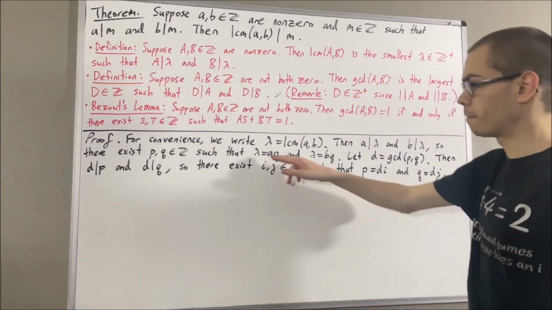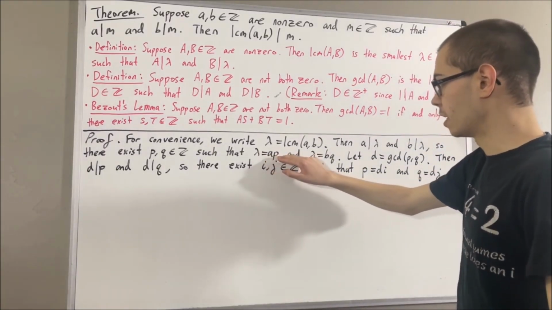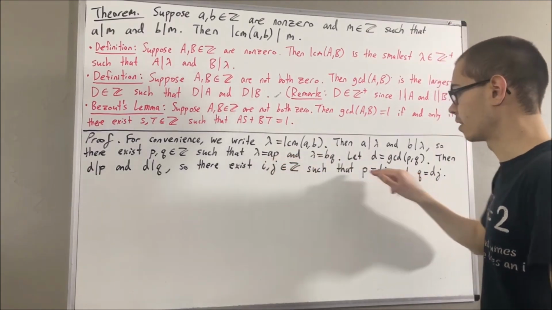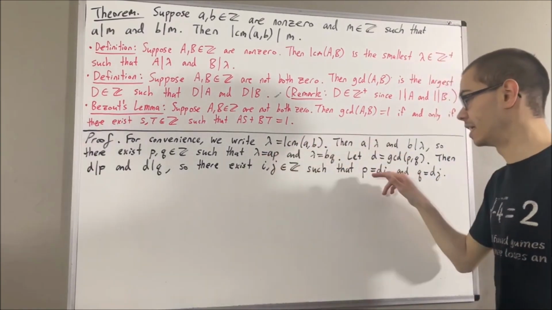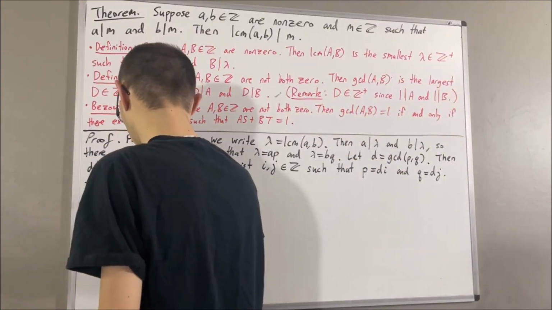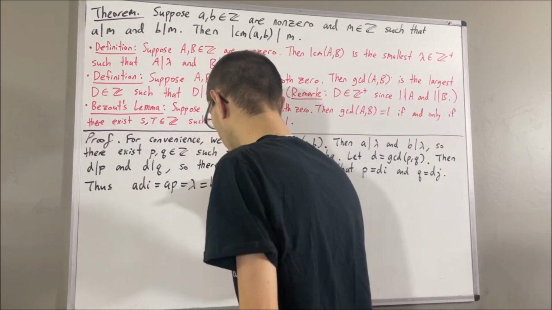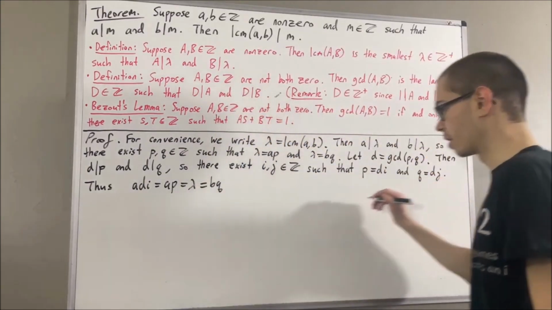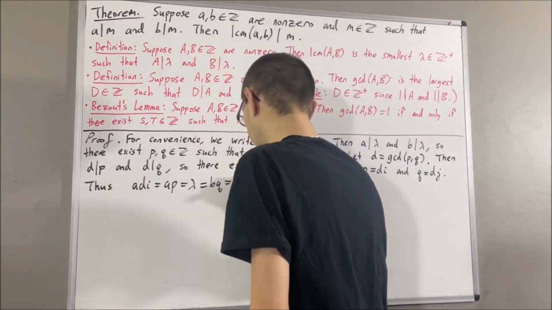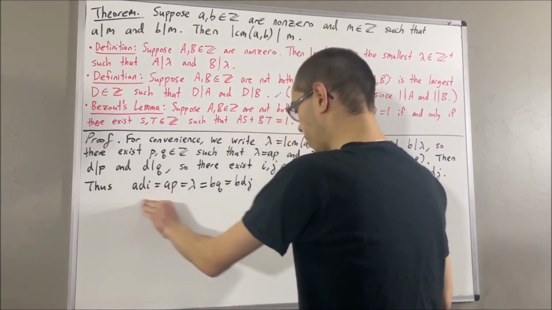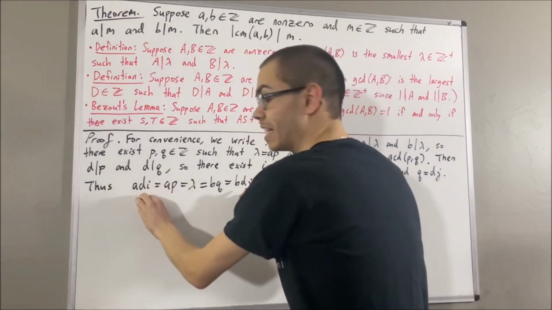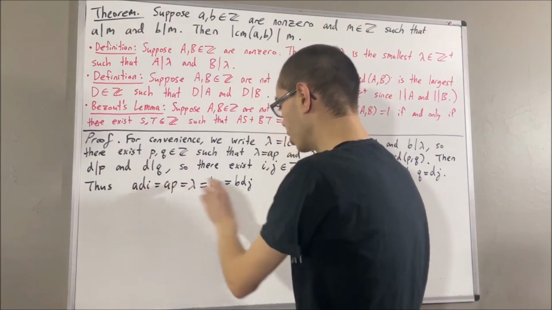Well then, we have lambda is equal to ap, and since p is equal to di, this tells us lambda is equal to adi. But also we have lambda equal to bq, and q is equal to dj. So this is just bdj. So we can take this equality, divide d on both sides, we get ai is equal to bj.